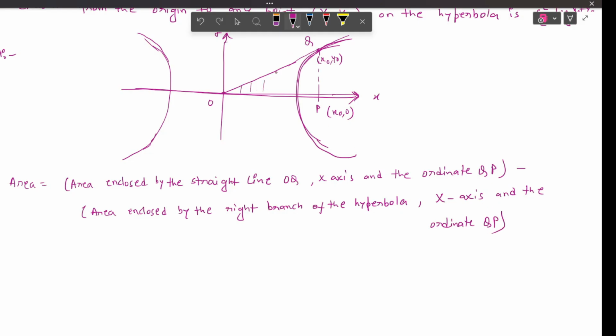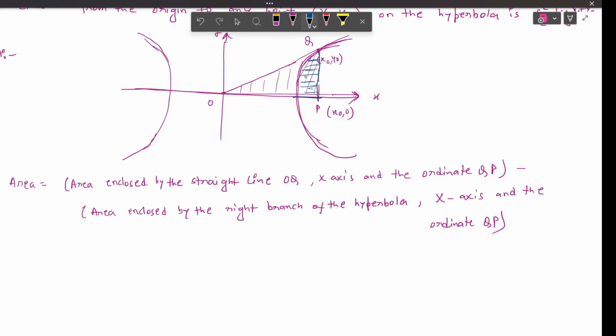So this, okay, you need this area, but if you talk about this triangle, this straight line, this is the total area, and we have to subtract this much area. That's why this is minus area enclosed by the right branch of the hyperbola and x-axis and the ordinate QP.